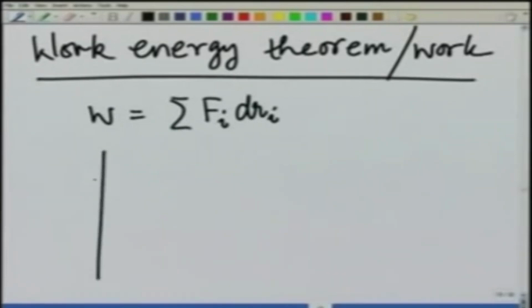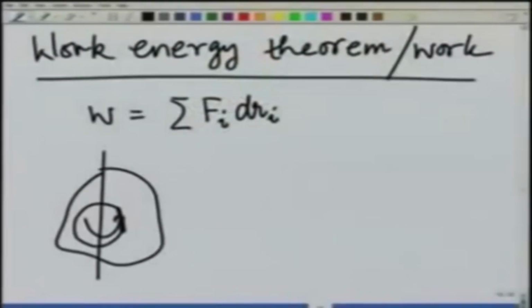So, if a body is rotating like this and I apply a force on this, since it can move only in the phi direction, only the component of force in the phi direction will do work.